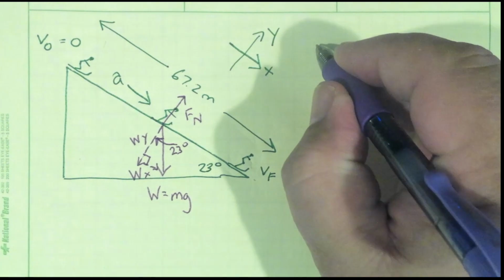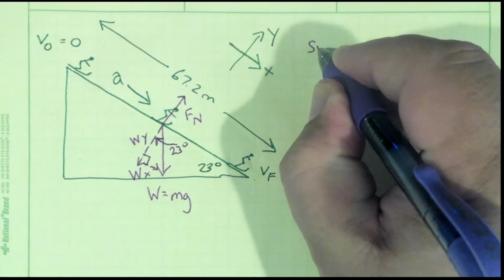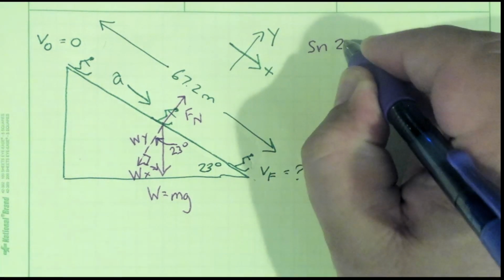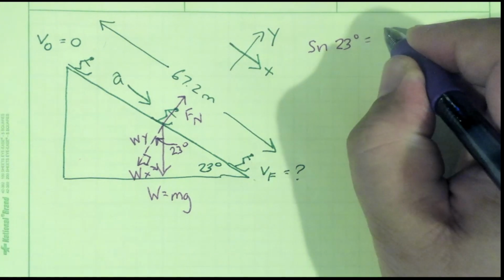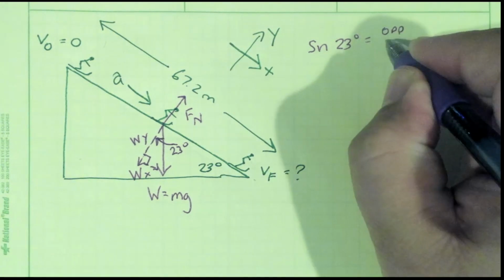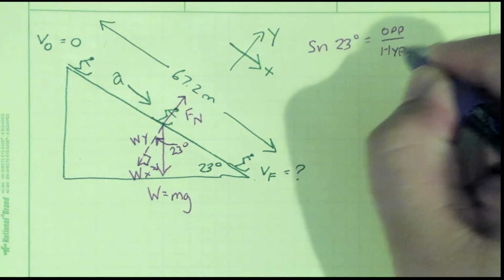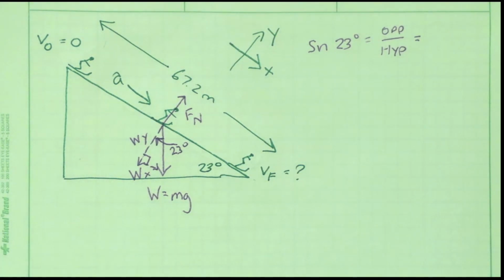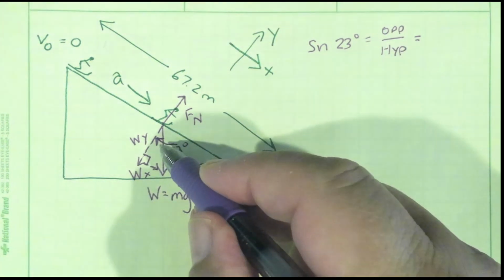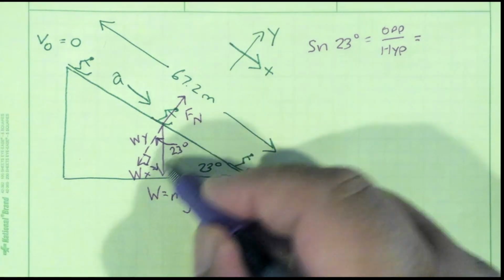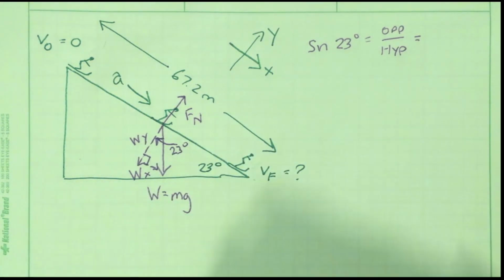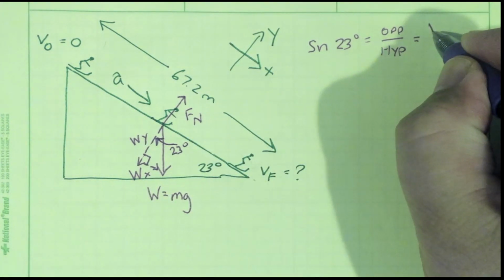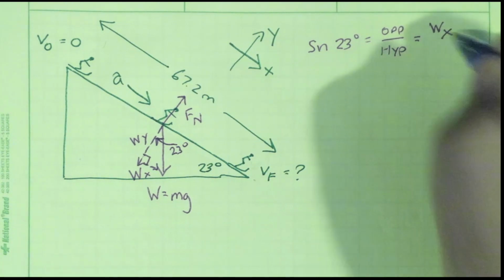Let's begin with the sine function. The angle is 23 degrees. And remember, the sine function is opposite over hypotenuse. Now in this case, opposite the 23-degree angle is WX.